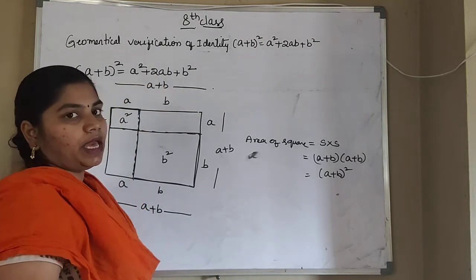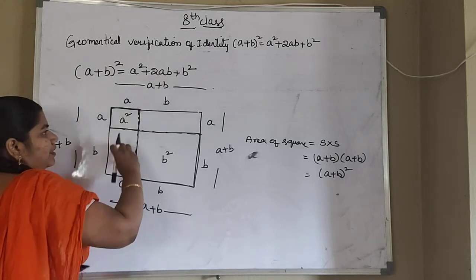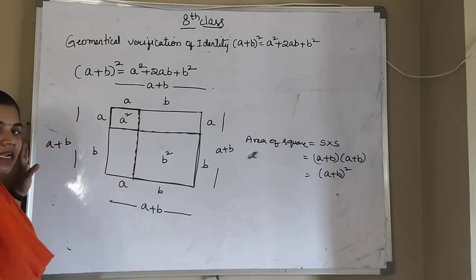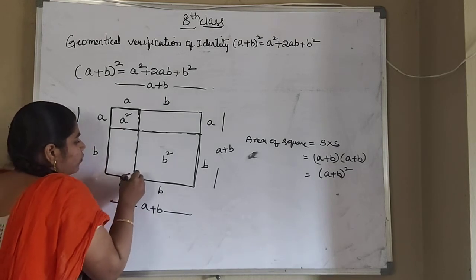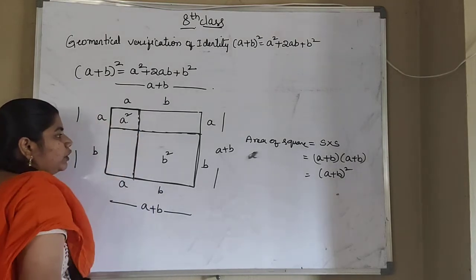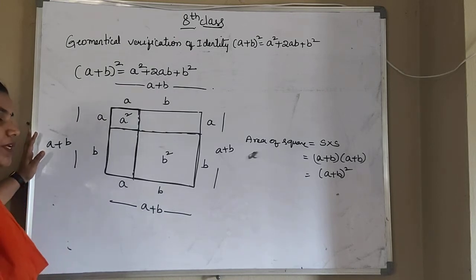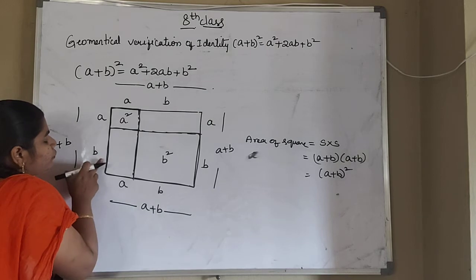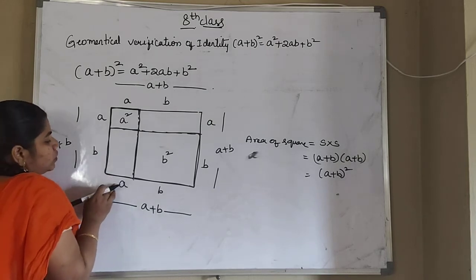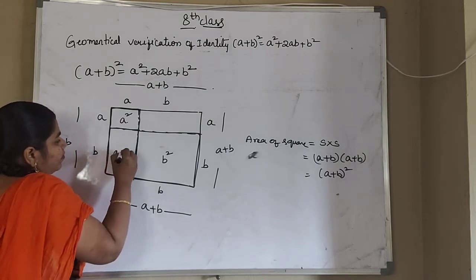Now we want 2ab. We have two rectangles here. How many rectangles are there? Two. What is the area of a rectangle formula? Length into breadth. That means we have to multiply these two sides, so a into b will be ab.